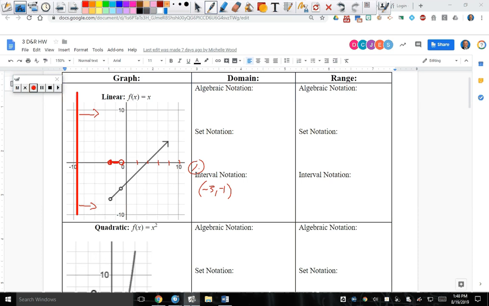Alright, so interval notation. We just accounted for that first one. Now we're going to union, and now we're going to account for the rest of this graph. Abad, what would I do from here? For interval notation. I just did negative 3 to negative 1. Now what's the next interval?